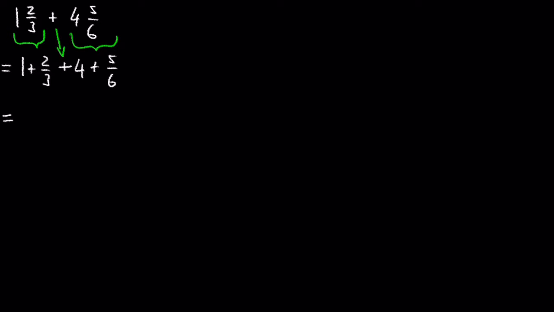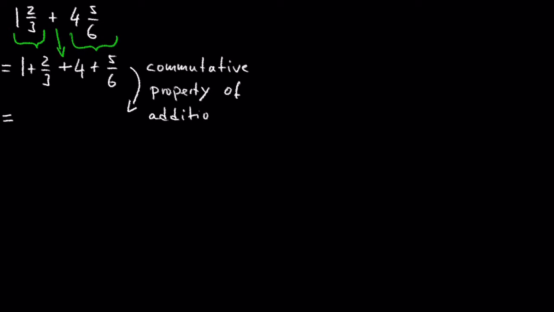This is called the commutative property of addition. In other words, we can change the order of the numbers and still get the same answer to our problem.